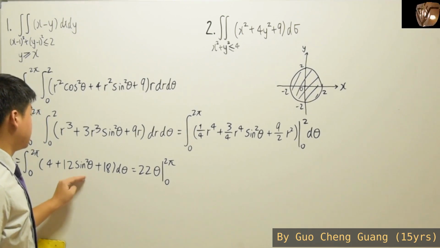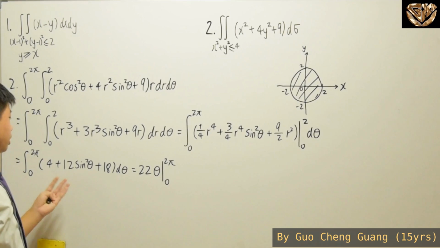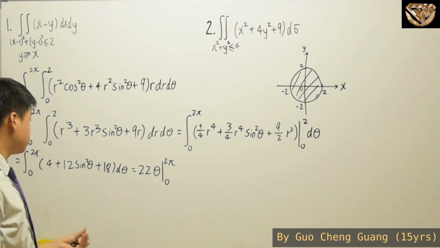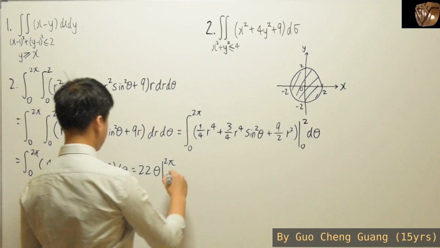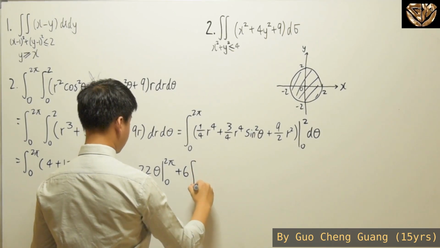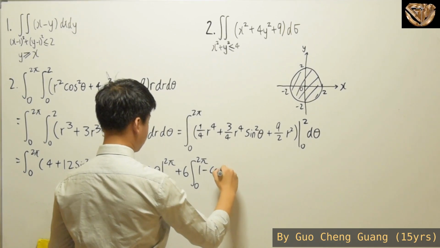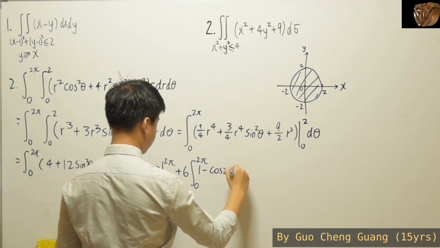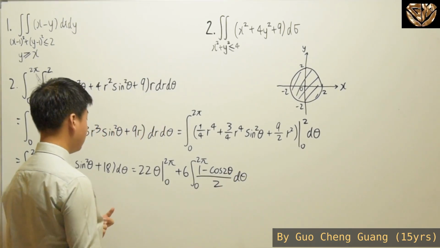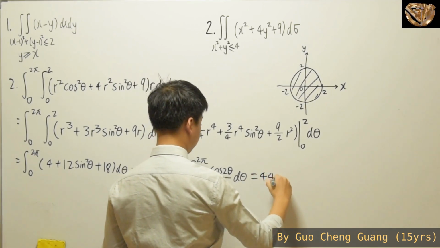Well, for this part behind, what are you going to have? Since this is a sine squared theta, you are going to have to use your double angle formula for cosine. So, using a double angle formula for cosine, you have to do plus 6, and then integrate from 0 to 2 pi, 1 minus cosine 2 theta d theta. And for your first term, you're going to have 44 pi.